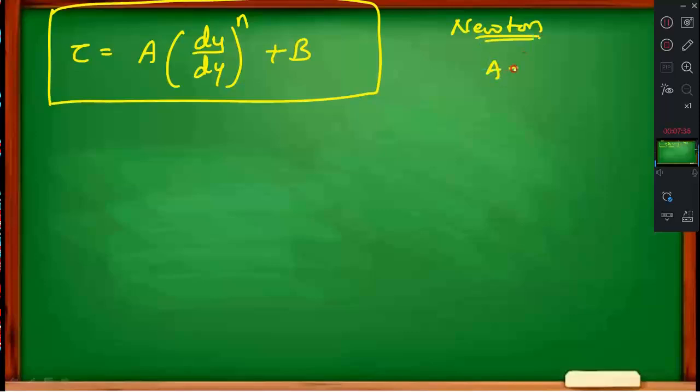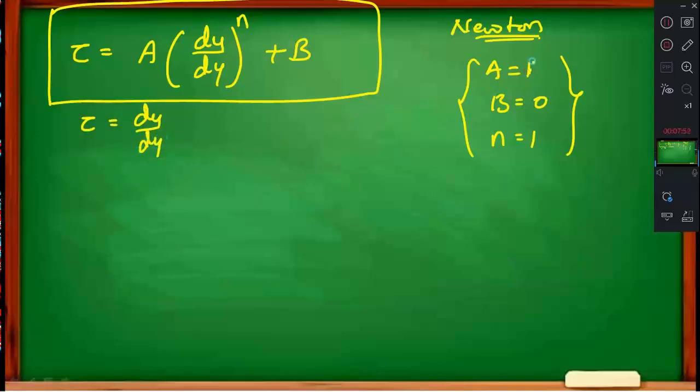He took A is equal to 1, B is equal to 0, n is equal to 1. If you substitute all of them here, what happens? Sorry, A is equal to mu, B is equal to 0, n is equal to 1. Then this is your equation. Who comes here? Newtonian fluid. Newtonian fluid means n is equal to 1, B is equal to 0 and A is equal to mu.